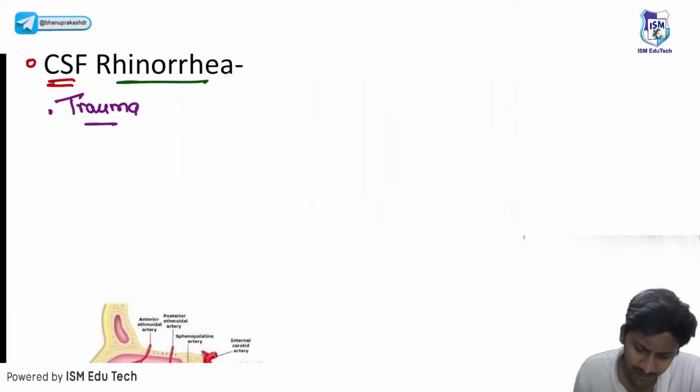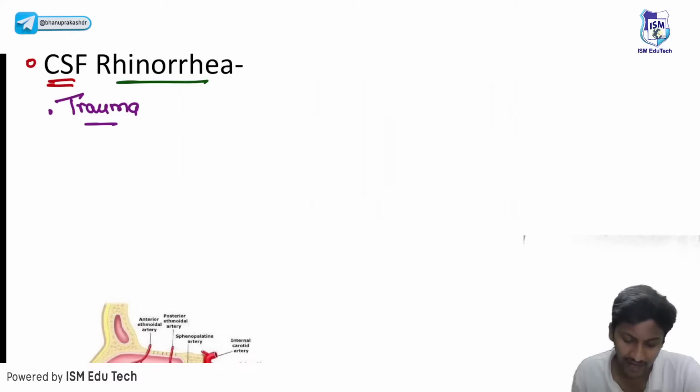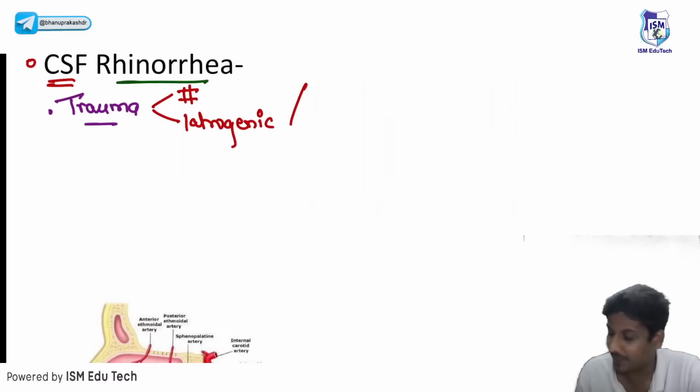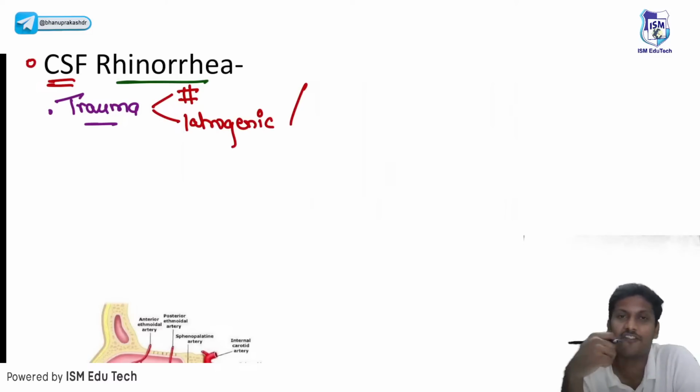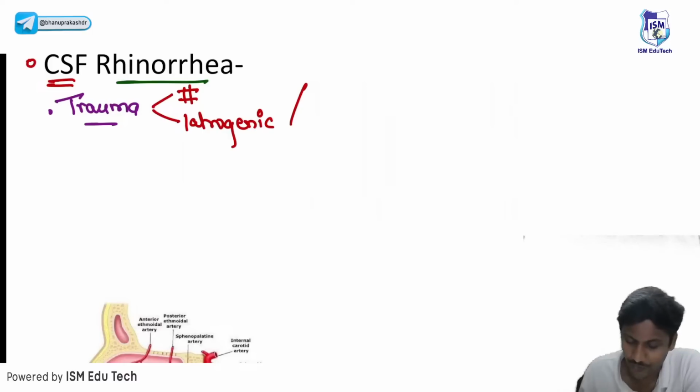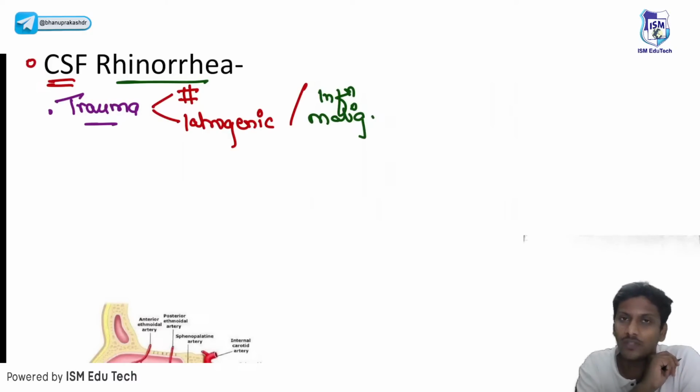There can be two types of trauma: trauma due to a fracture like a road traffic accident, or iatrogenic trauma. Iatrogenic means you were performing a surgery, and during that surgery the cribriform plate was injured. Other causes can be infection, or a malignancy causing damage or erosion of the cribriform plate.